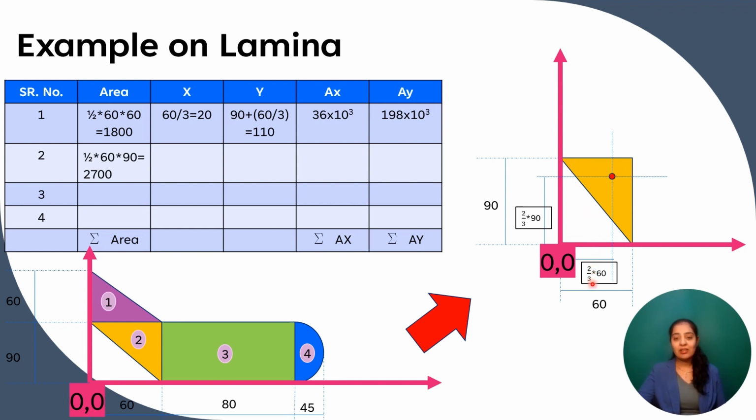So here it is 2/3 of 60. Now the y coordinate, correct. It is 2/3 of 90. Now let's take the product AX and AY. Let's move to the next basic component.